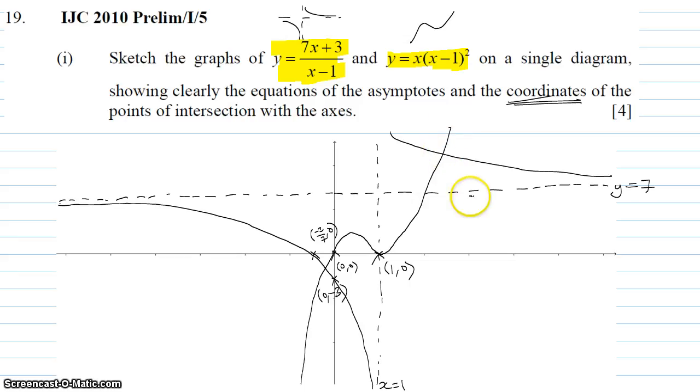Right, there we go. So the graph looked something like that. I'm not asked to find the maxima or minima, so I don't need to. I can tell you that one already, though. That's not too hard. But yeah, so this is enough. So I've shown clearly the equations of my two asymptotes and the coordinates of the points of intersection with the axes. So this is sufficient for me. I am done with this part.